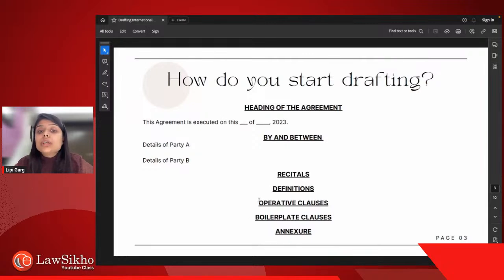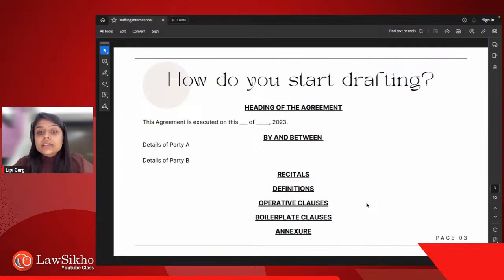We then come to the operative clauses. Operative clauses are those that change with every contract, right? For example, in a service agreement, the scope of work and the payment clause are both operative provisions. They will change with every transaction.